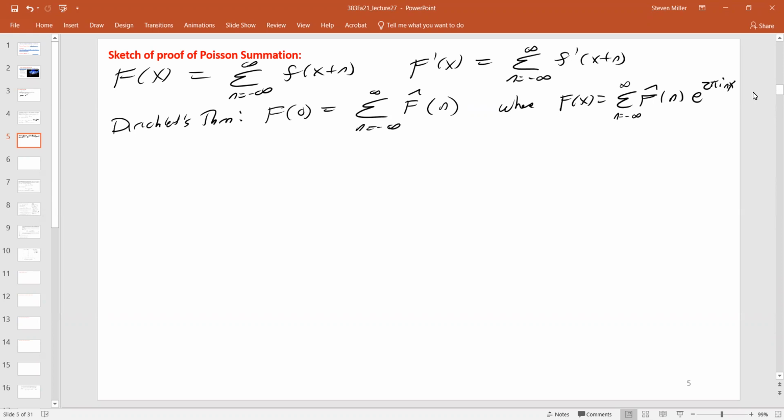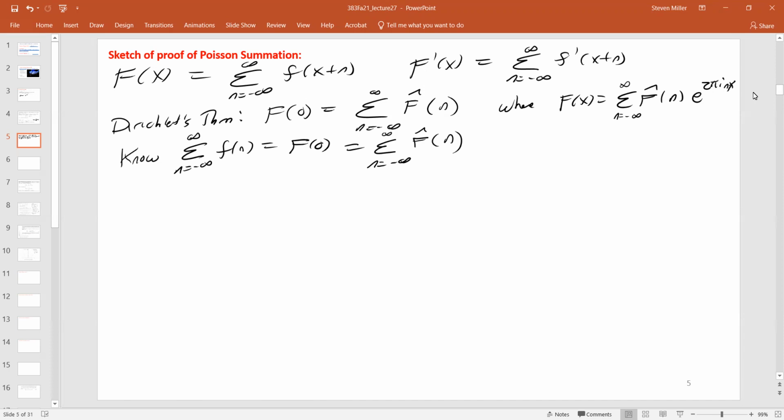So we know the sum, n goes from minus infinity to infinity, of f of n is big F of 0, which is the sum, n goes from minus infinity to infinity, of f hat of n. So hopefully I have not dropped the term.